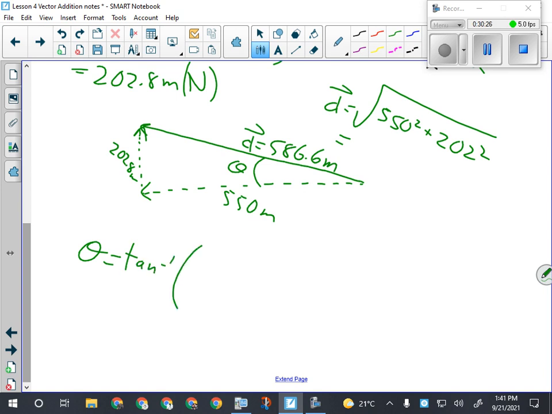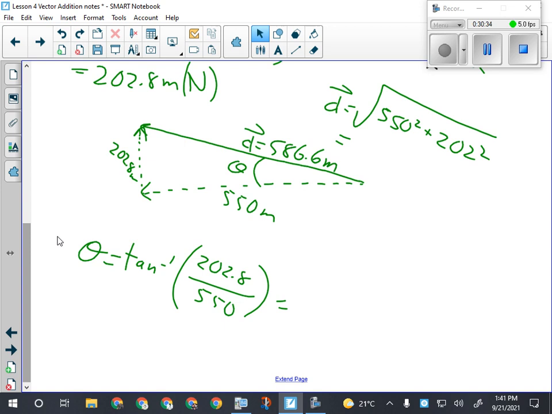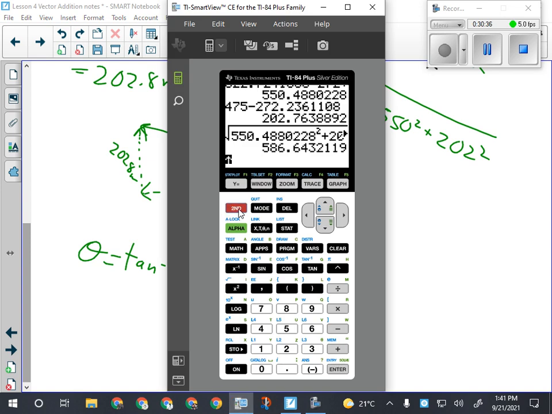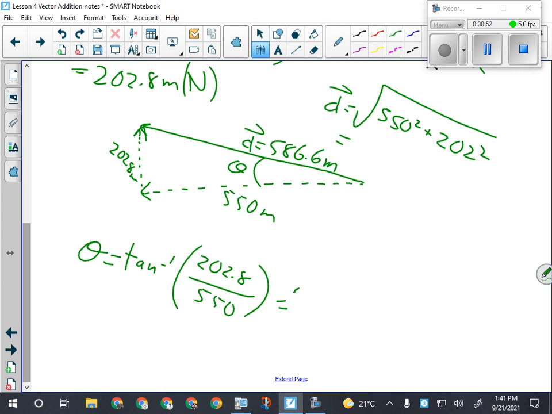For me, that'll be tan to the minus 1 of my opposite side over my adjacent side. So I'm getting a 20-degree angle. That fits with my diagram. It was a pretty shallow triangle, so 20.2 degrees. And for me, that's north of west.